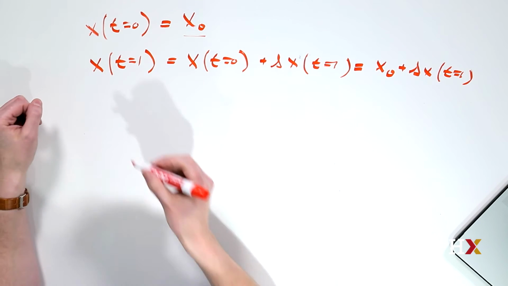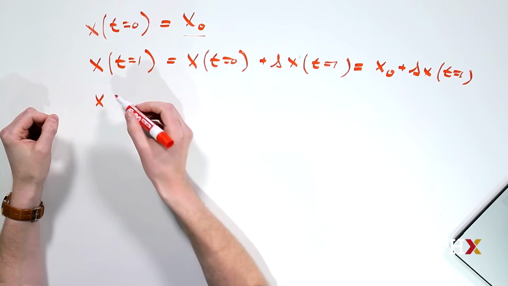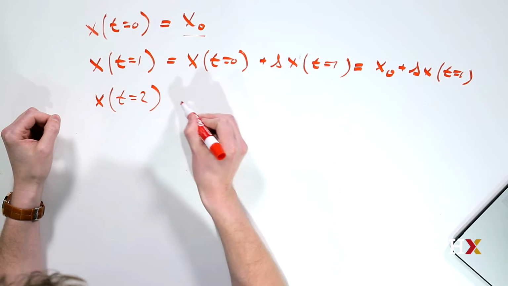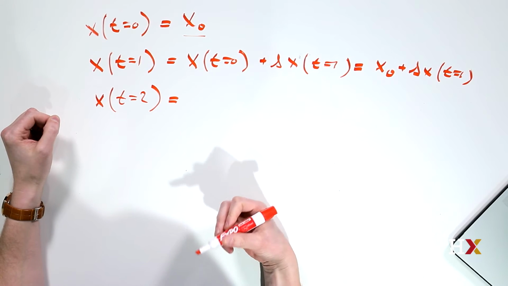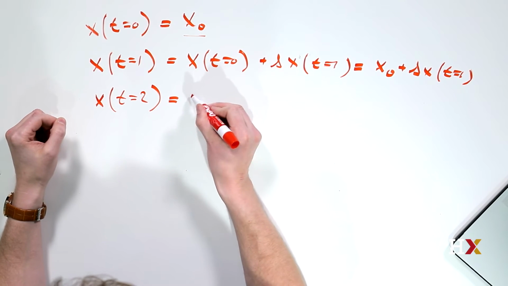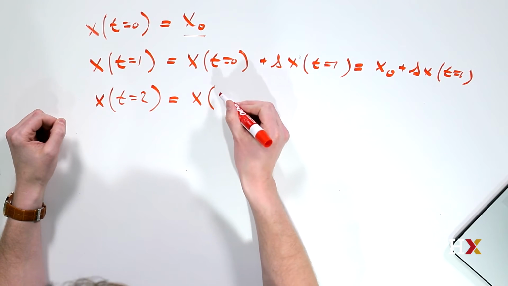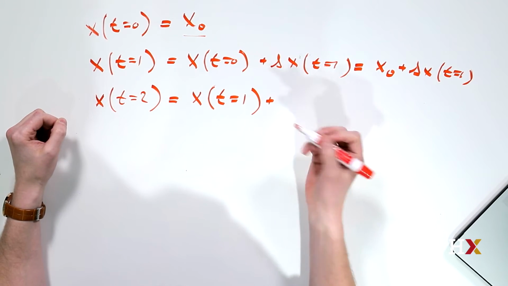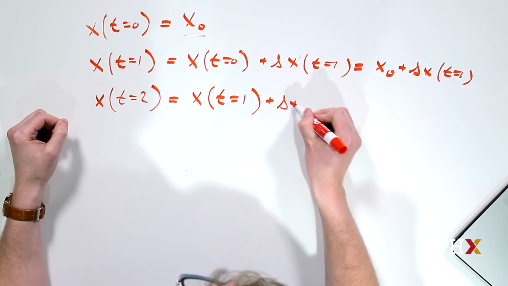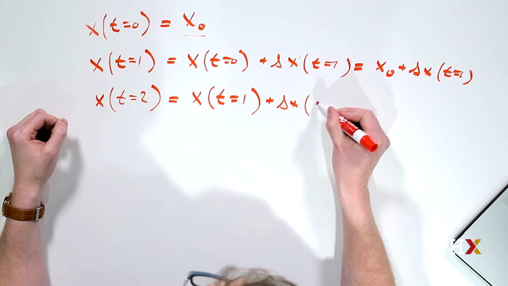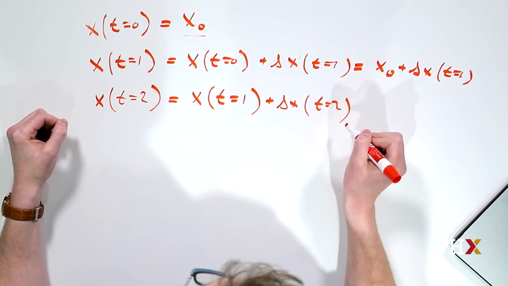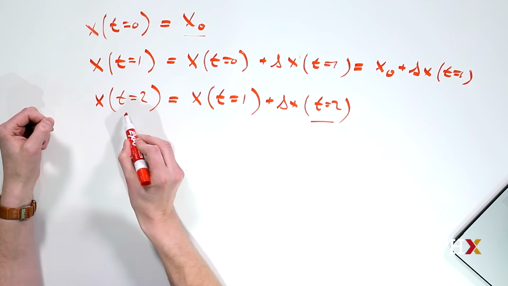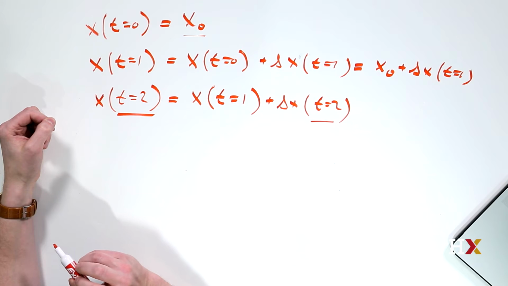Let's then look at the next step. The location of the random walker at time t equal to 2. Again, the basic idea is the same. The new location is going to be the old location, meaning x at time t equal to 1, plus some random displacement, delta x, at time t equal to 2. Note that the index of the random displacement matches the index of time over here.